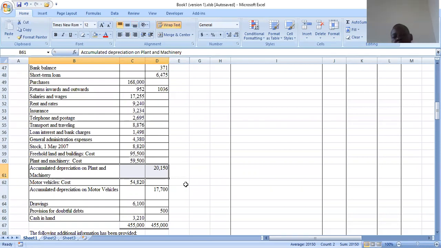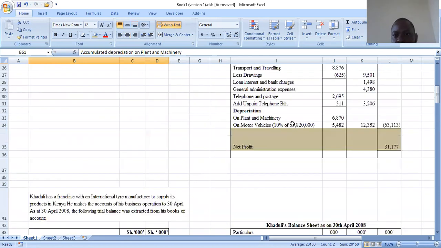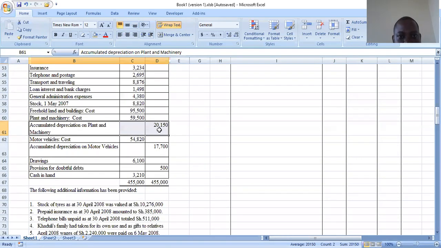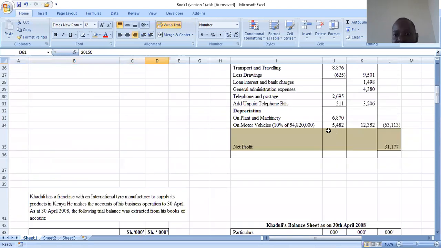So the accumulated depreciation on plant and machinery at the beginning was 2150. And then in the current year, we have the depreciation on plant and machinery of 6870. So the accumulated depreciation on plant and machinery will increase from 2150 plus 6870.